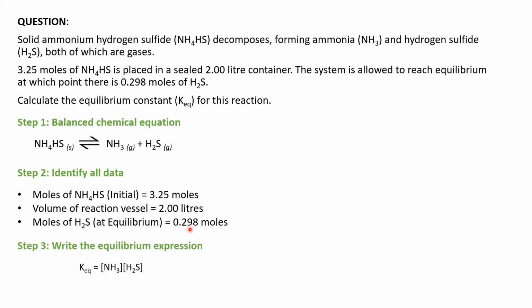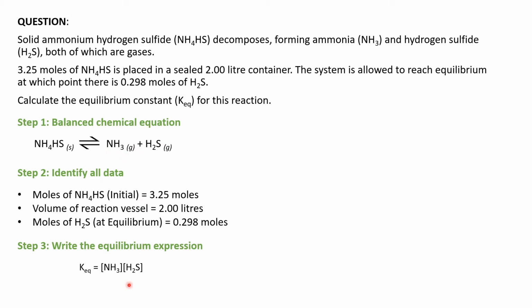Step 3, it's time to write an equilibrium expression. So KEQ equals the concentration of the products multiplied, divided then by the concentration of the reactants. So I have ammonia and hydrogen sulfide, and according to this reaction there's one of each.